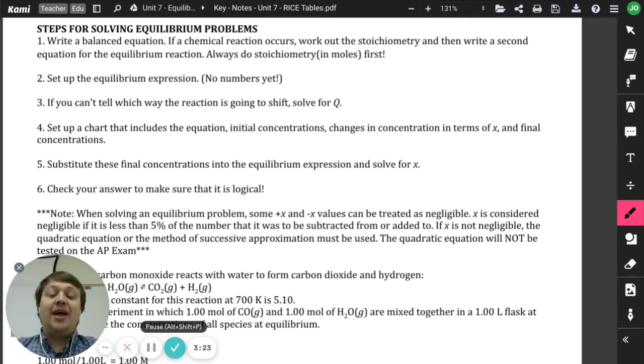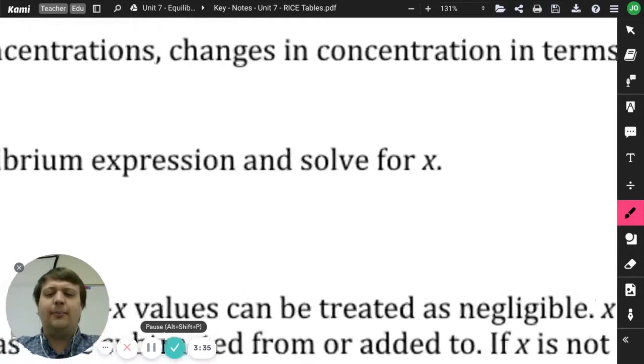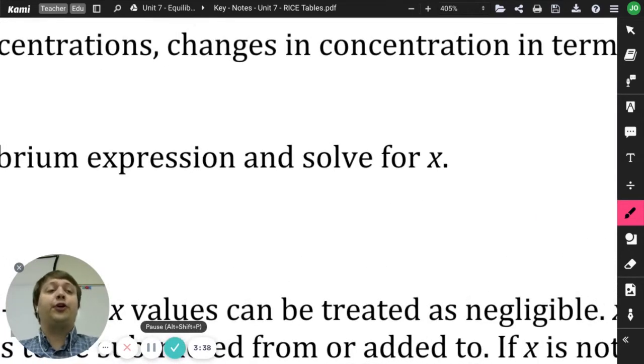One of the things that always confused me was how to recognize if something is less than 5% of that number. Well, there's a simple way, and it's called the rule of 100.